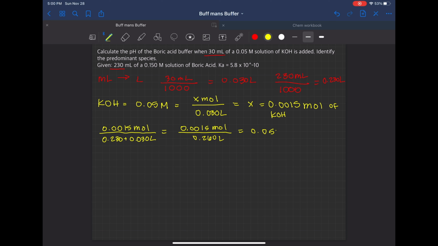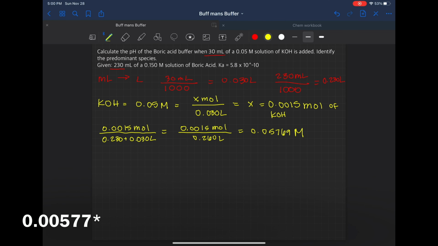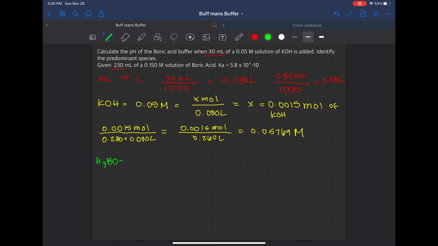And if we divide 0.0015 mole over 0.260 liters, it's going to give us 0.00577, rounded up. Now we're going to do the same thing that we did for potassium hydroxide, solving for the new molarity, for our boric acid.